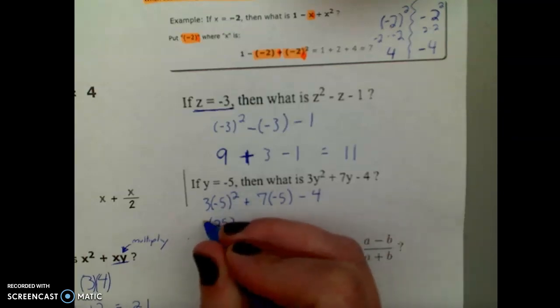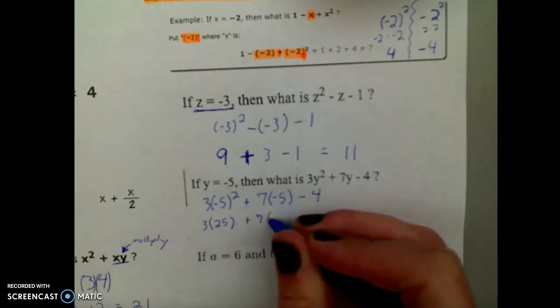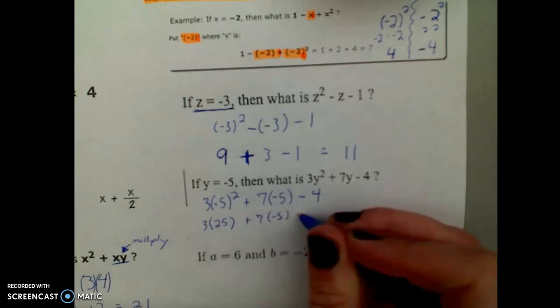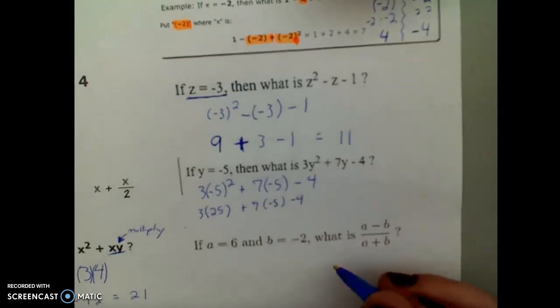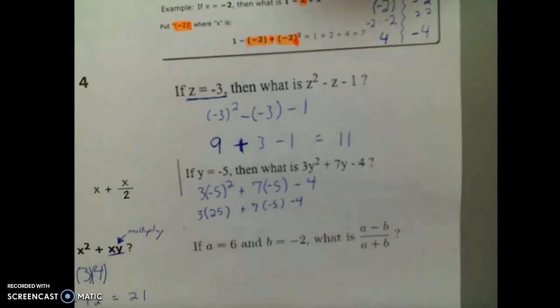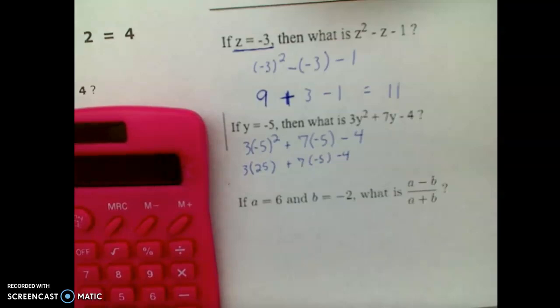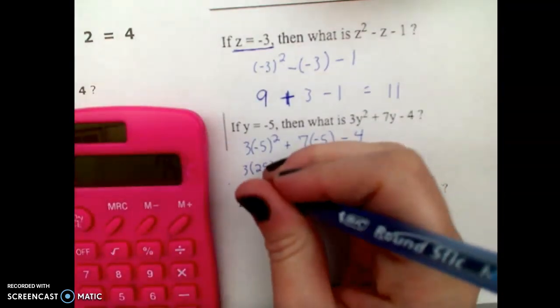Now, I still have to multiply it by 3. I'm bringing the rest of the problem down to keep my notes nice and organized. Now I'm ready to multiply. Got my calculator here to help me because I don't have my 25s memorized. 3 times 25 is 75.